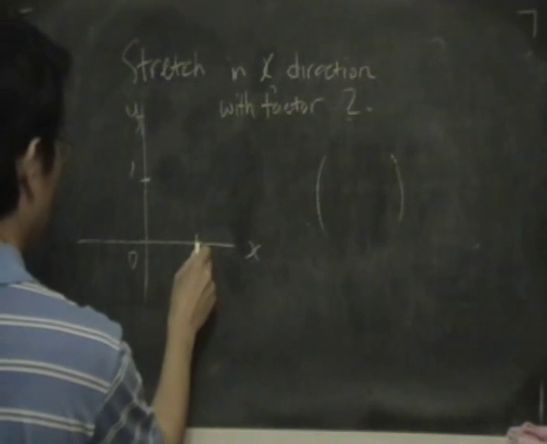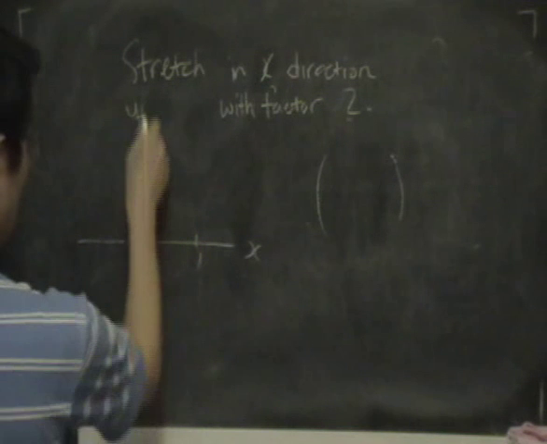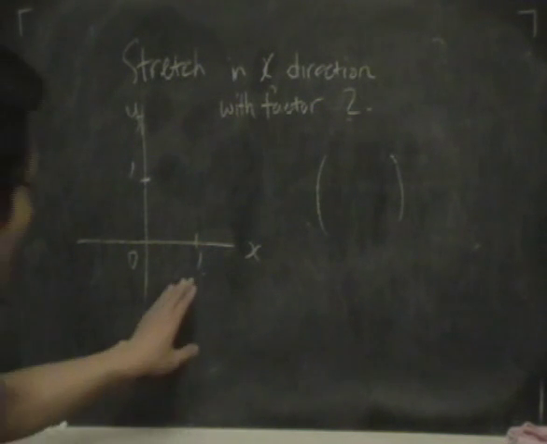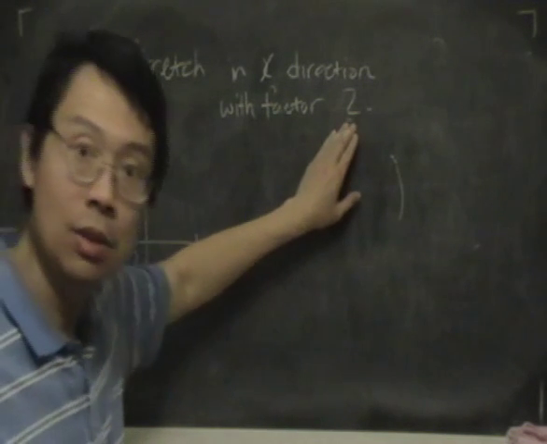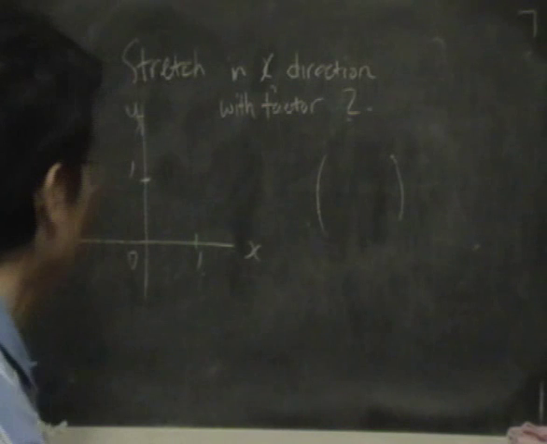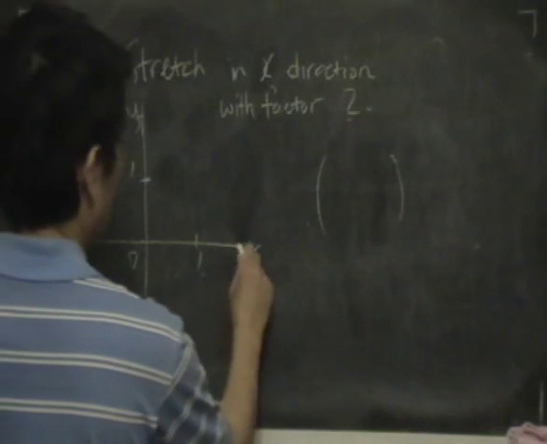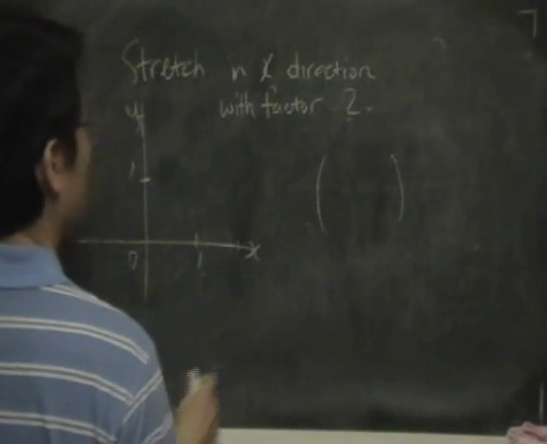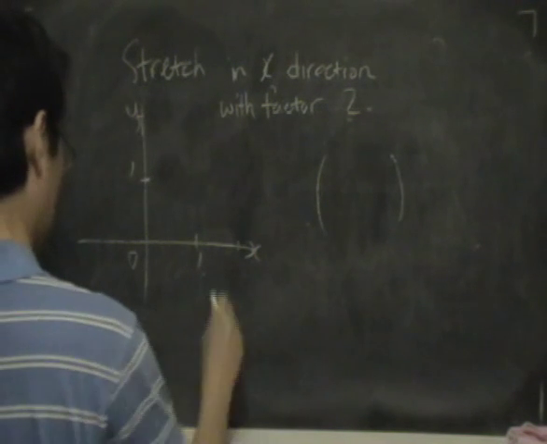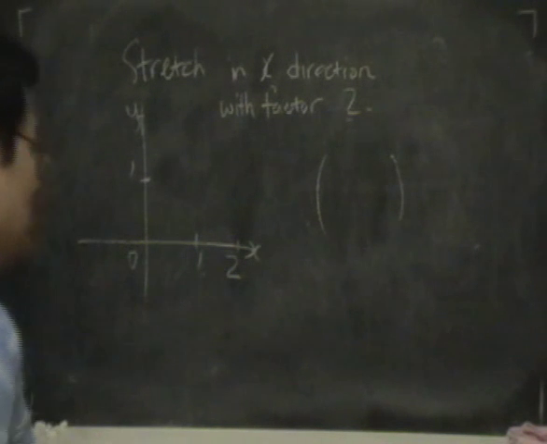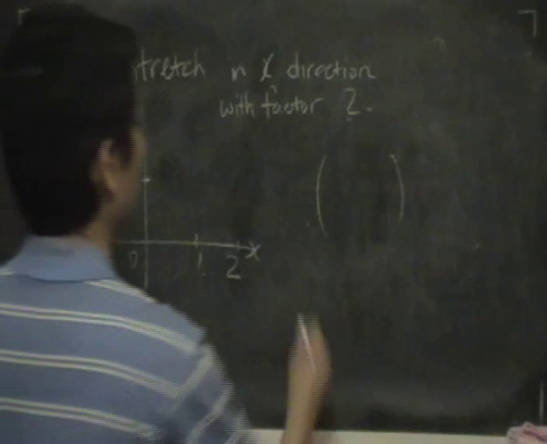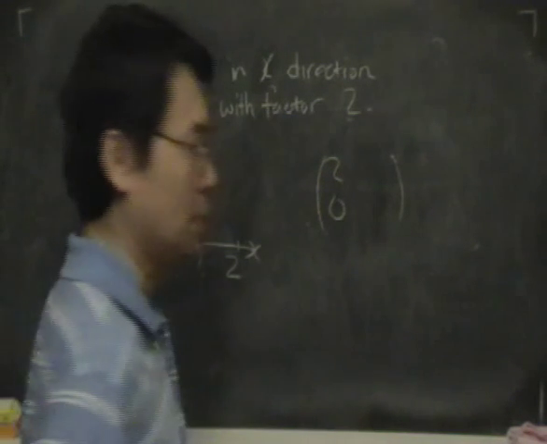The distance of this point from the y-axis is 1, and I must multiply this distance by the factor. So 1 times 2 is 2. Therefore, the image point must be at a distance of 2 from the y-axis. That's my image point, and its position gives the first column.